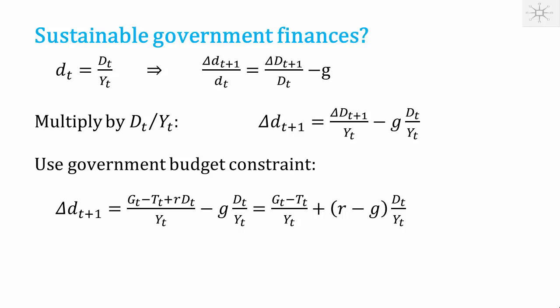And finally, we use the government budget constraint that says that the change in debt is just the primary deficit plus the real interest rate times the level of debt. And we substitute that instead of delta capital D. Then we get an equation that says that the change in the debt ratio is the primary deficit divided by GDP plus the real interest rate minus the growth rate times the debt ratio.